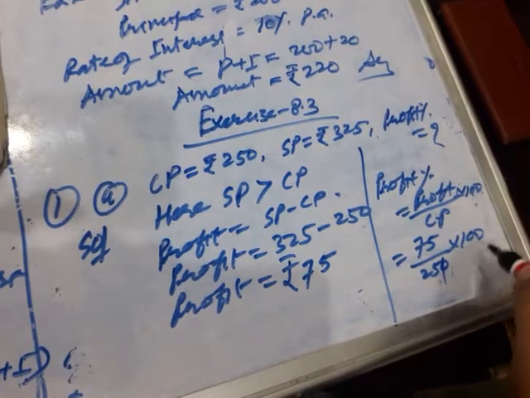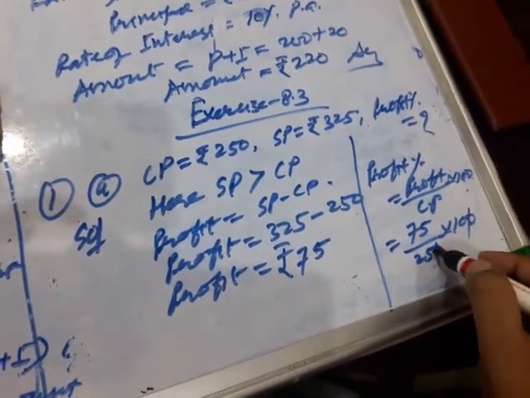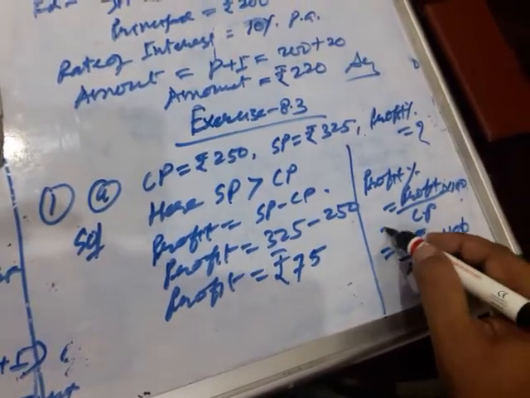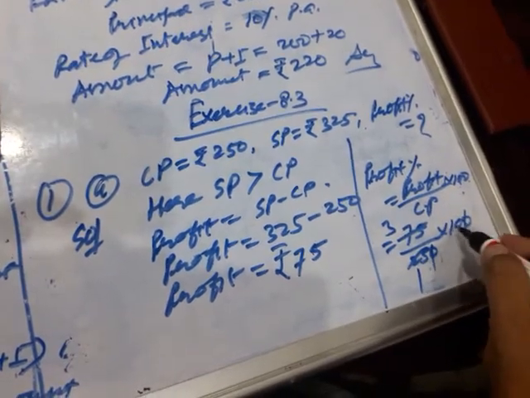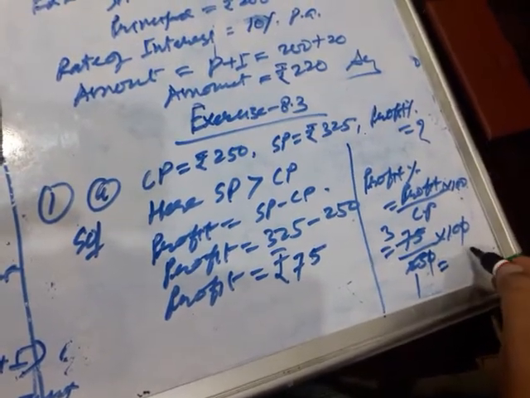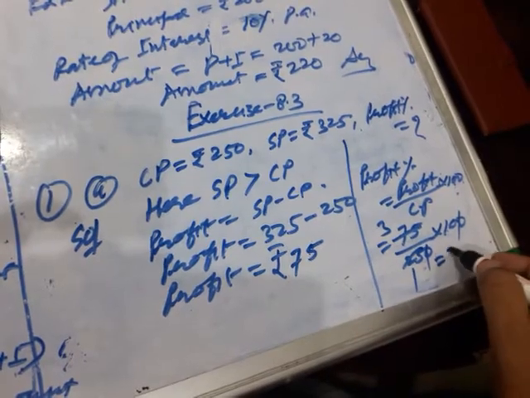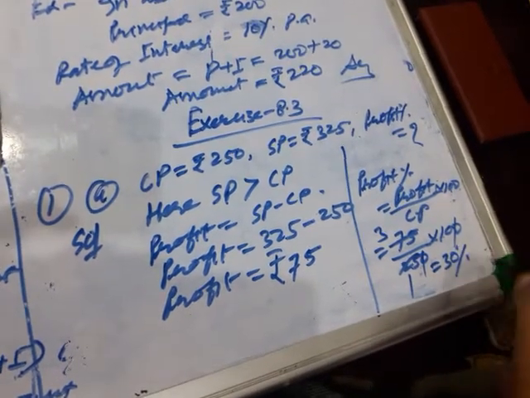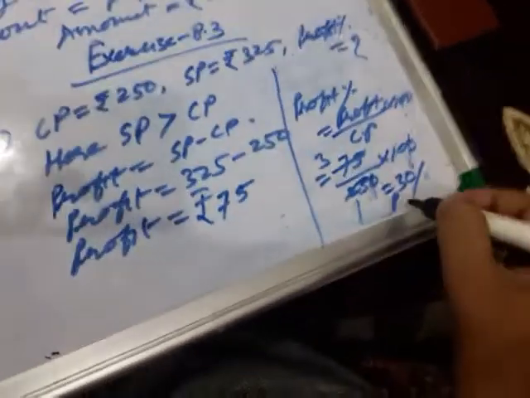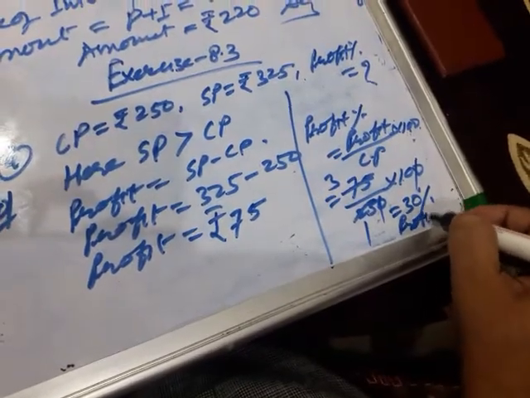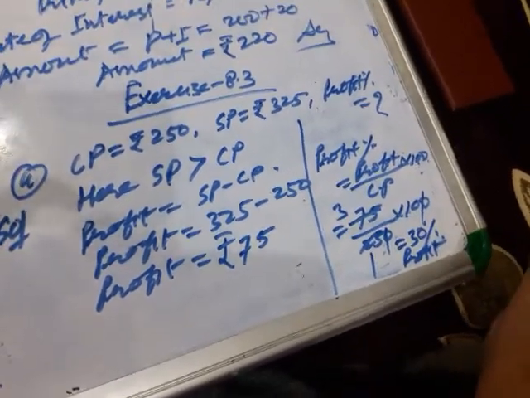Let us solve it. The 0 0 got cancelled. 25 1s are 25, 25 3s are 75. This is 10 into 3. What is profit percent? 10 into 3, that is 30. 30% profit is there. Did you understand, children?